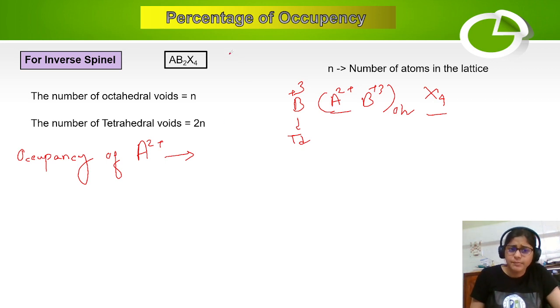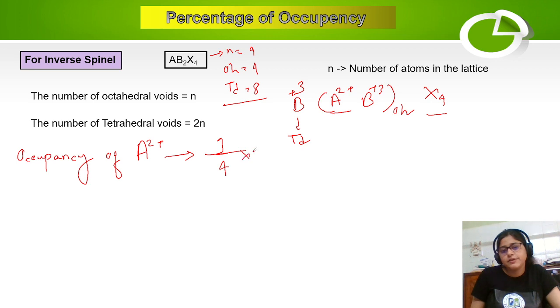For the case of normal or inverse, n is here 4. So octahedral void is 4, tetrahedral void is 8. Okay, so occupancy of A2+: the number of A2+ is 1, right? So 1 by 4 into 100, let's say, percentage occupancy, which will be 25%.